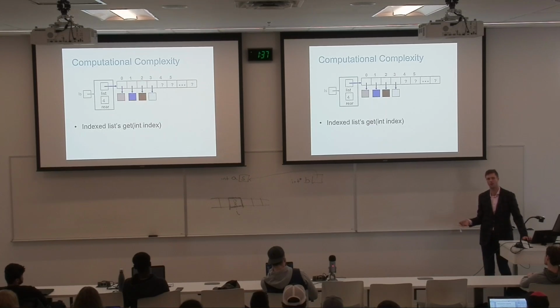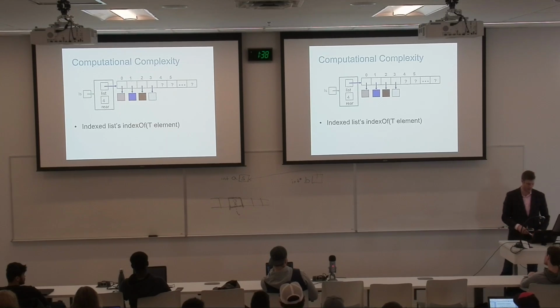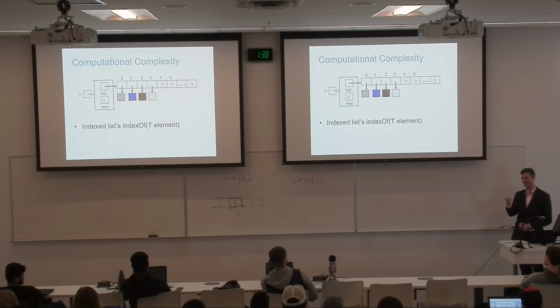Index list get something at a given index. 1. It's not linear? No. Why not? It has an index. We're not removing anything, we don't have to search for anything, we just go right to that index. Index list, index of. Who said 1? Did you change it to n?